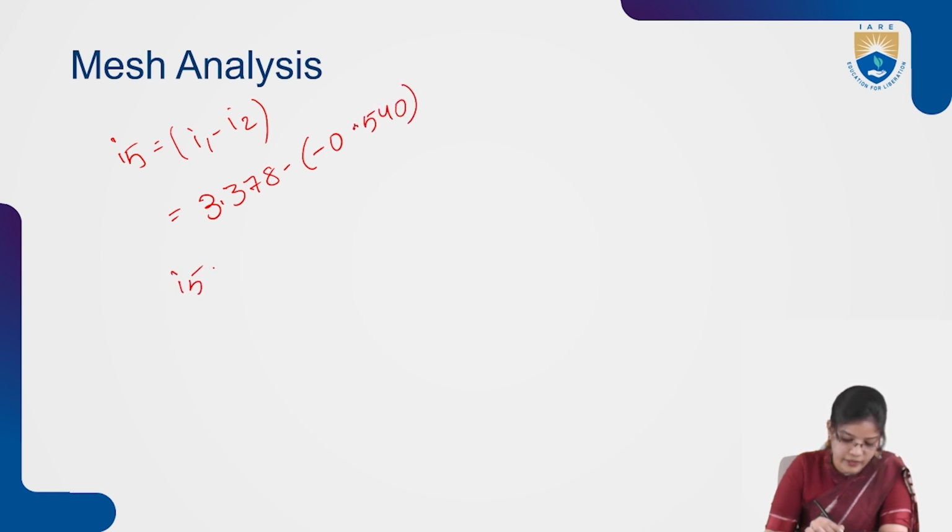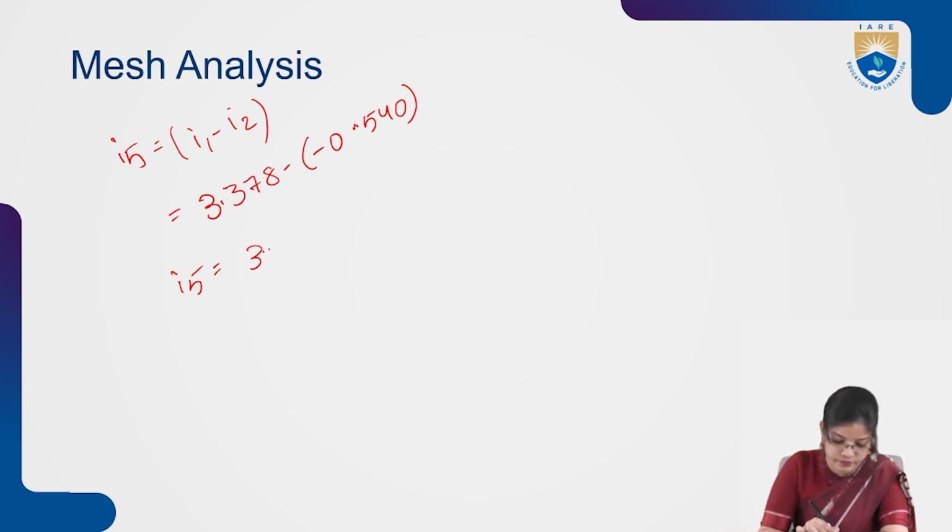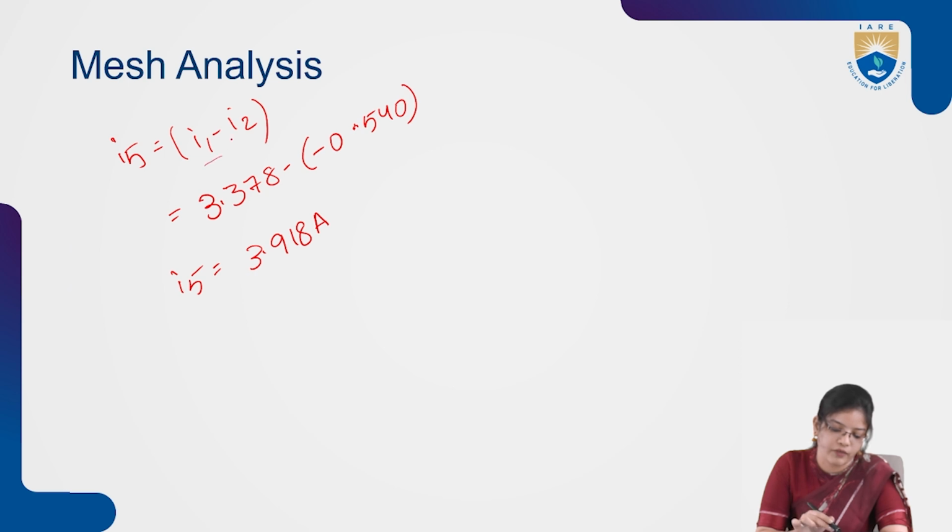If we calculate the current across the 5 ohms resistance, here 3.378 is the value of I1, minus of minus becomes plus. So 3.378 plus 0.540 becomes 3.918 amperes.